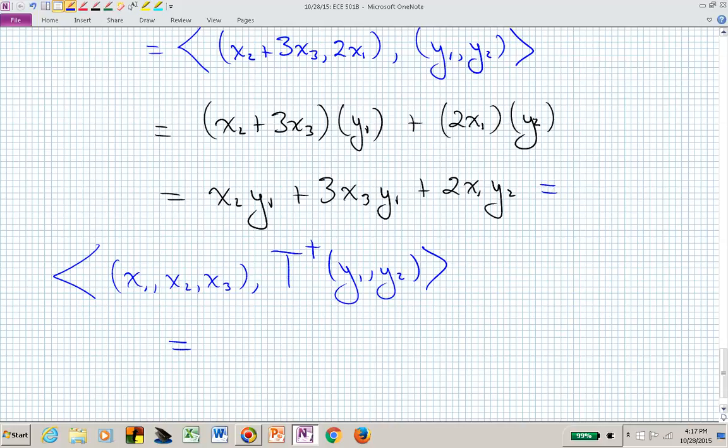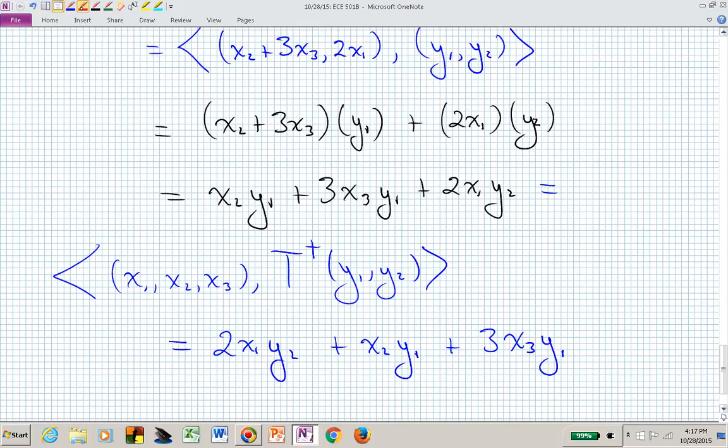And if I take x1, x2, x3, that's V. If I start to identify these components in the last black line relative to x1, so now I have 2x1, y2, I'm just going to reorder those so it looks more like x1, x2, x3, plus x sub 2, y1, plus 3x sub 3, y1.